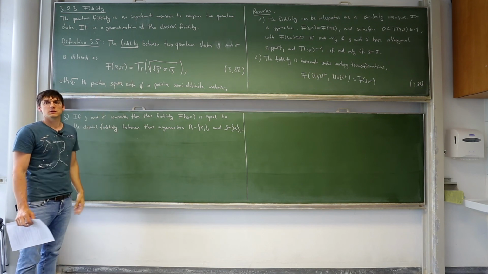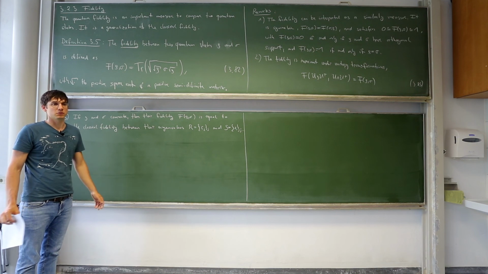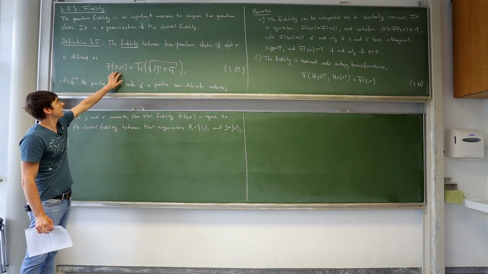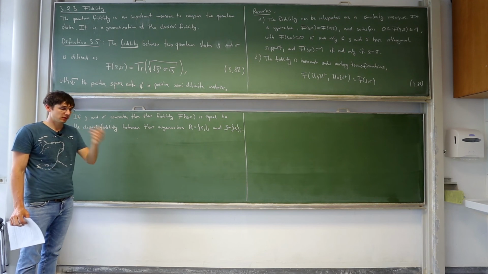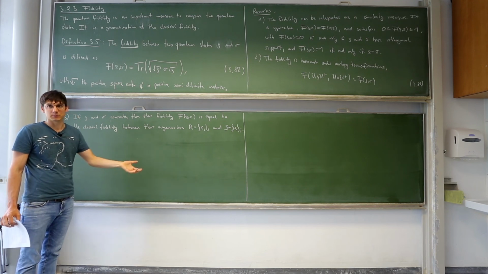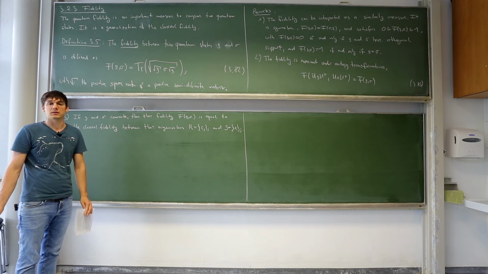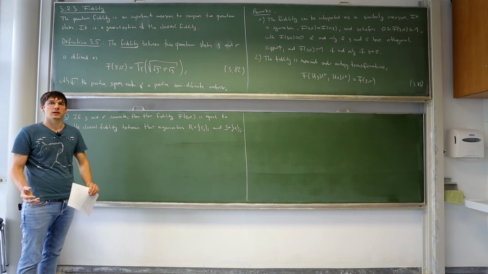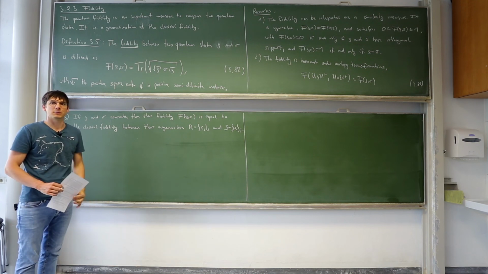What you often have to do, for example in an experiment, is compare a pure state with a mixed state, because what you get out of the experiment is usually a mixed state due to noise, but ideally you would like to have a pure state. If you compare a pure state and a mixed state, this expression takes a very simple form.